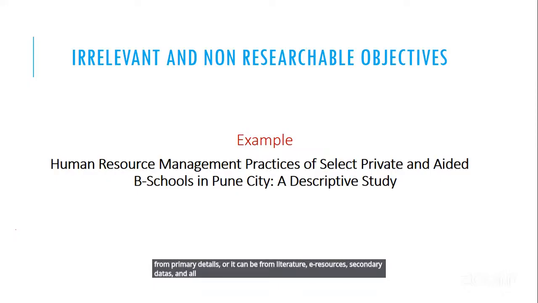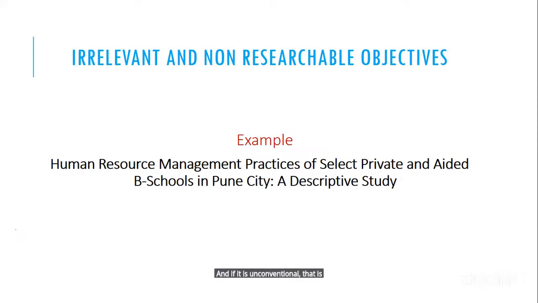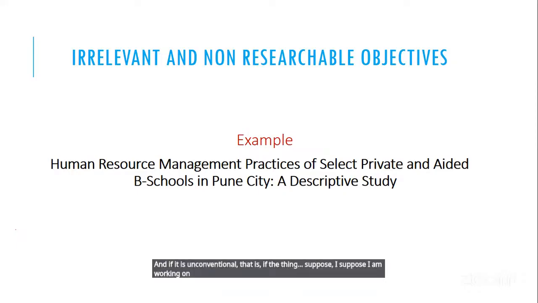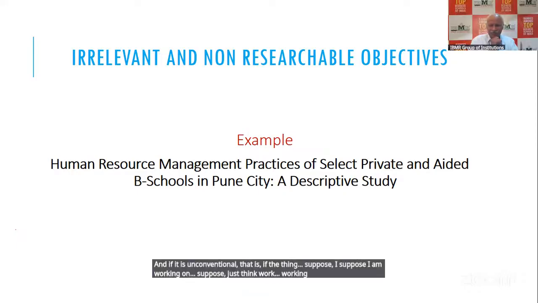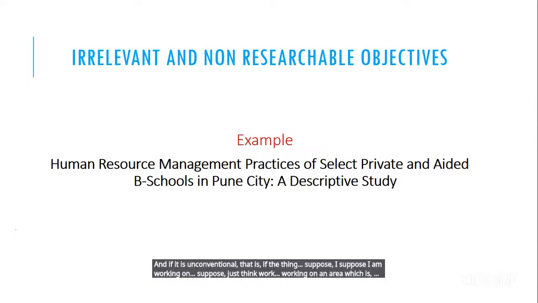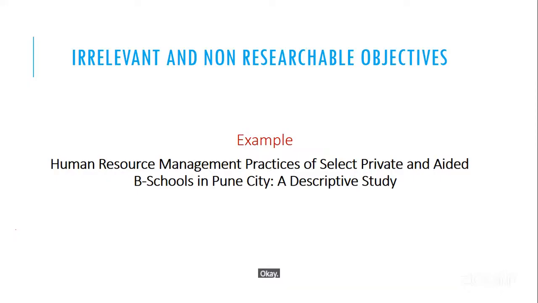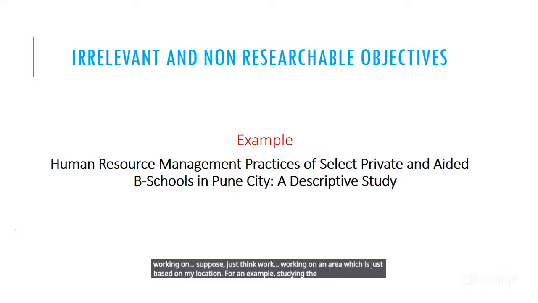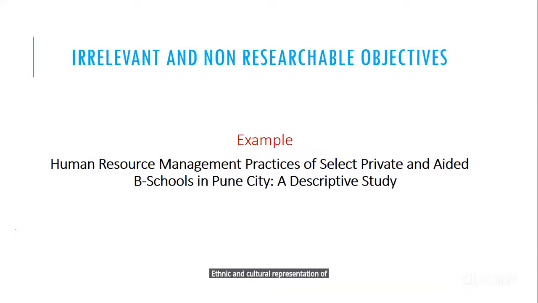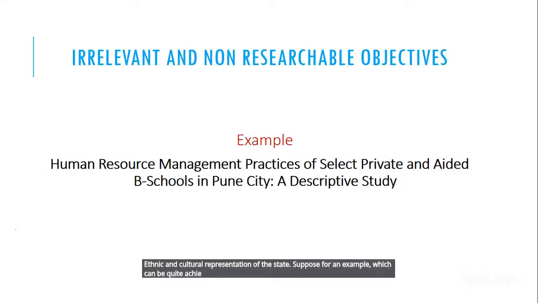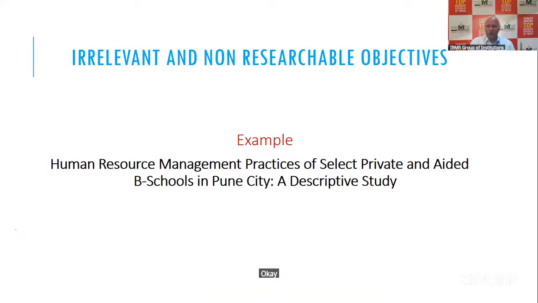And if it is unconventional, suppose I am working on an area which is based on my location, for example, studying the ethnic and cultural representation of a state, which can be quite achievable. And the objectives I can formulate based on the data findings, and it is actually researchable. We can approach people and other authorities to provide data. Very good.